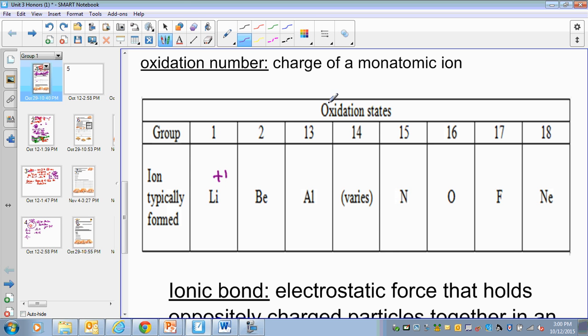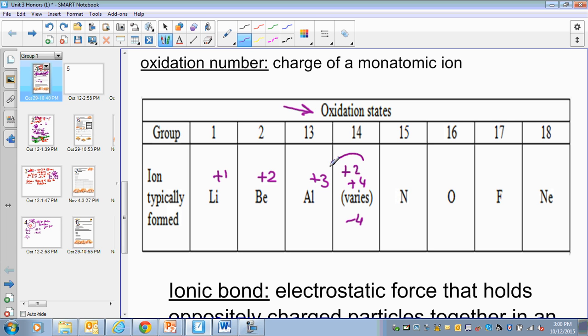So these are the oxidation states. Anybody in group 1 is positive 1. Anyone in group 2 is positive 2. Anyone in group 3 is positive 3. This one varies. It could be positive 2 or positive 4. Usually it's 4, but it can lose again some, so it can go anywhere.